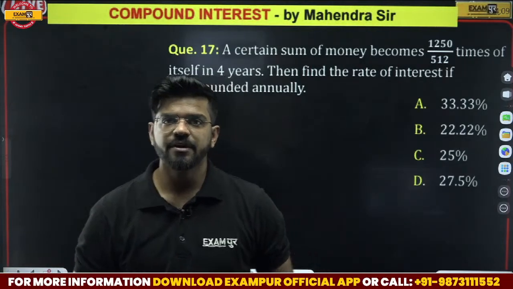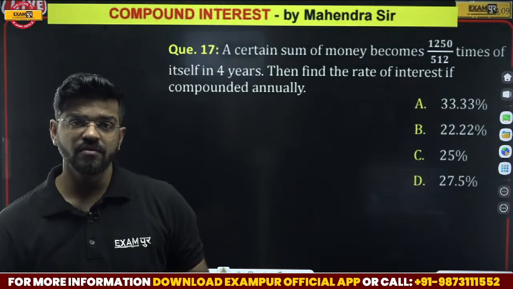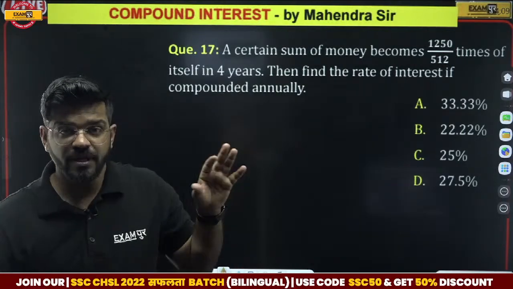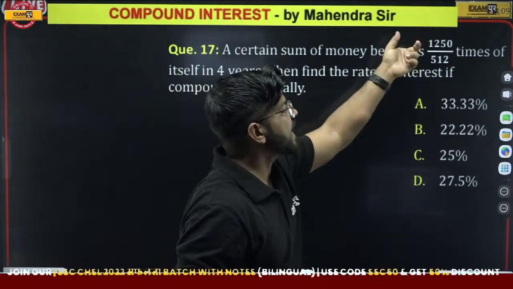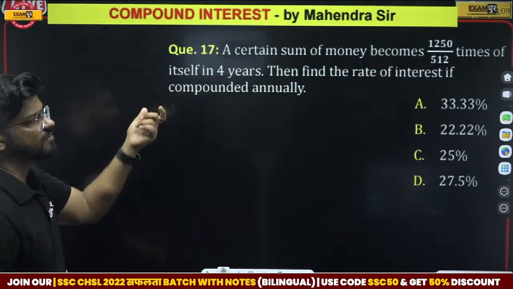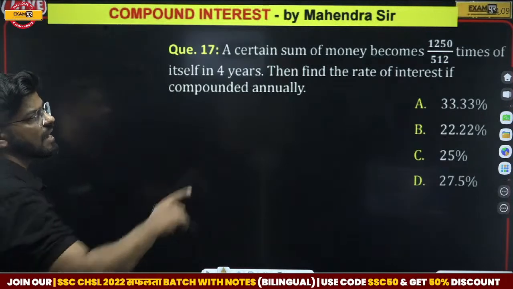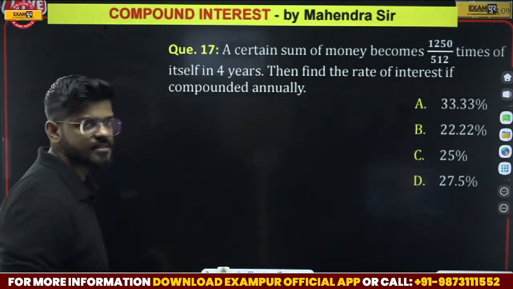I have given you lots of concept on this. Now you have to tell me the answer. A certain sum of money becomes this times of itself.